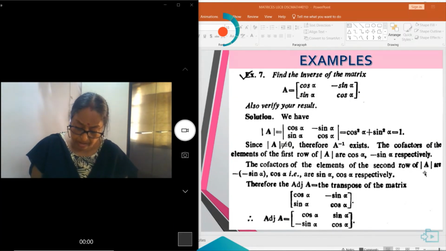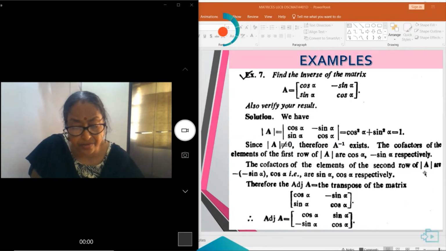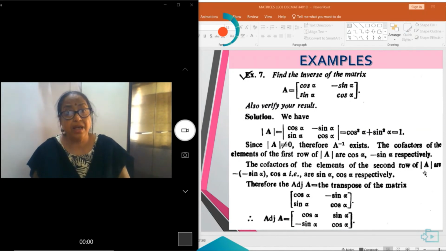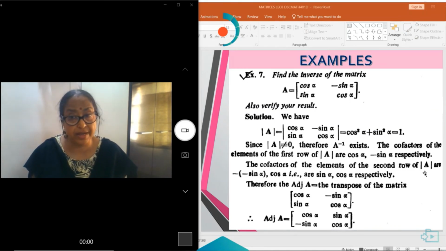Similarly, I have given example 7. You can find the inverse the same way. But here also verify your result. They have asked to verify your result.